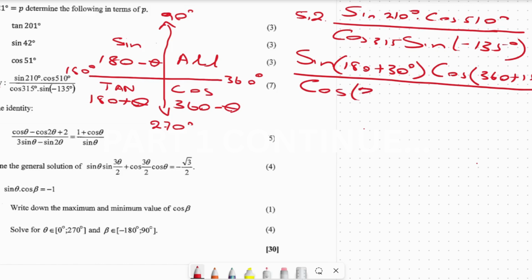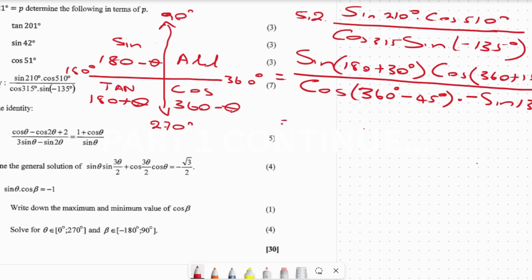This will be 360 degrees minus 45 degrees. Then times, remember this is times here, the negative angle of sine will be negative sine 135. So I'll start by doing that first.